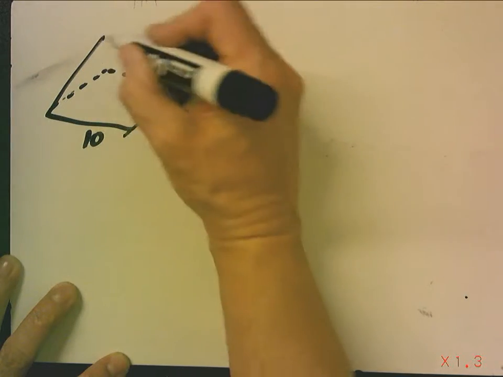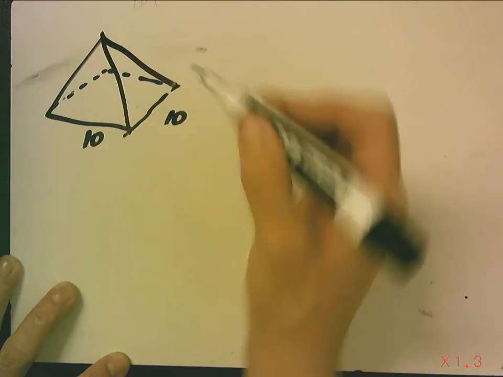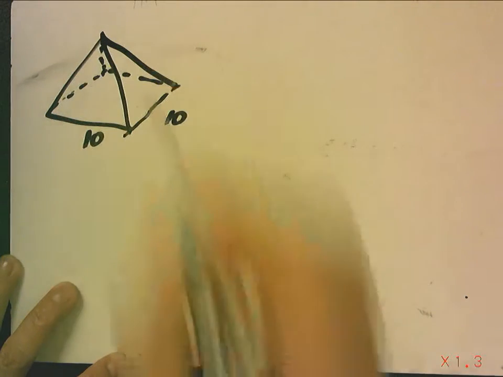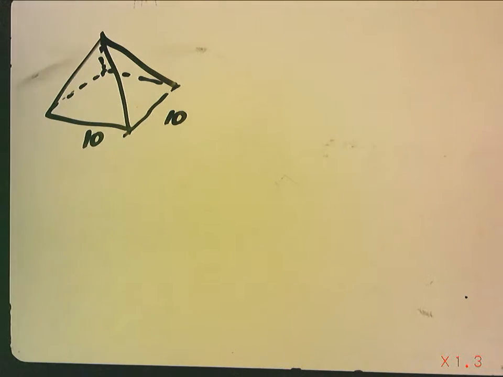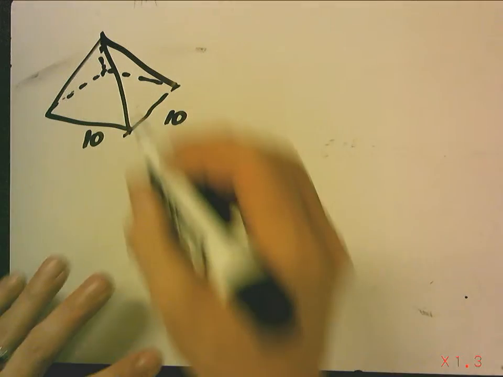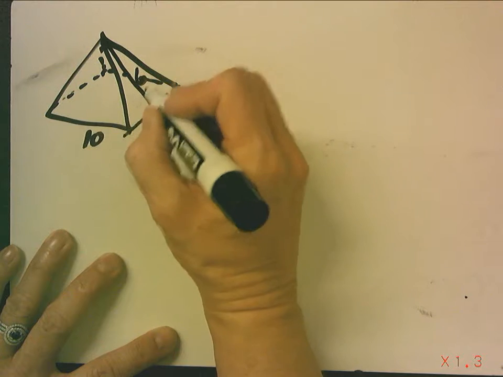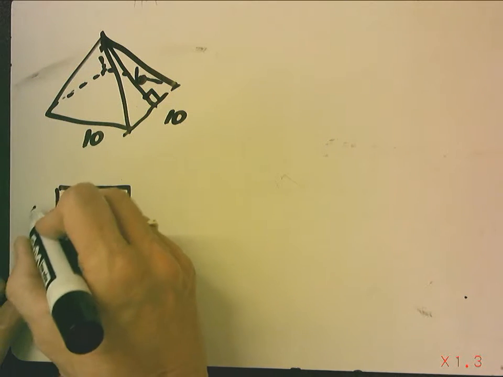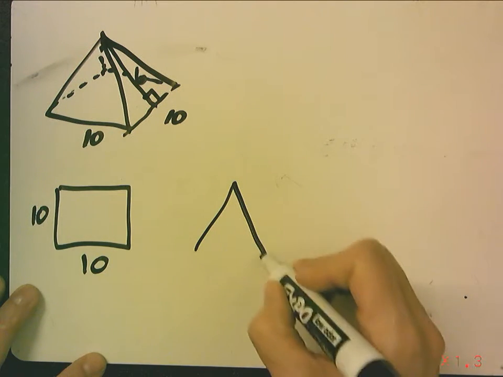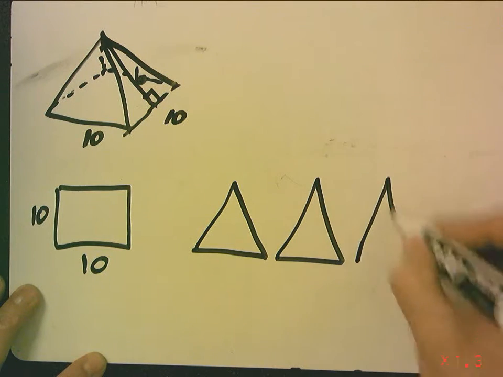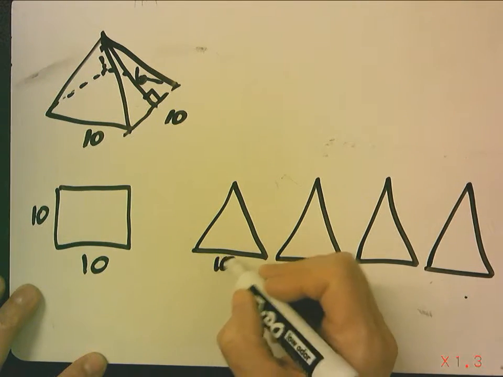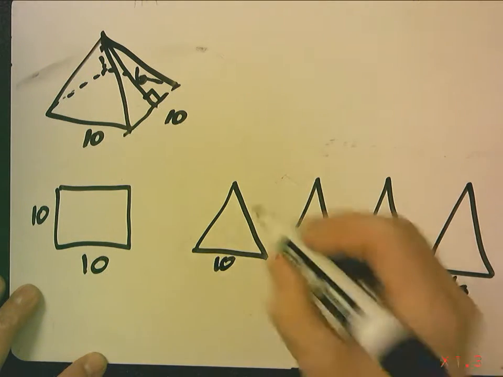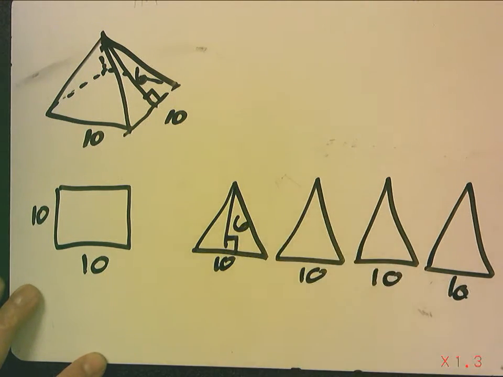Then we see that the 4 sides with a base of 10 are all triangles, and the height of our triangle is 6. So I have one square base, which is 10 by 10, and 4 triangles. The base of all these triangles is 10, and the height is 6.